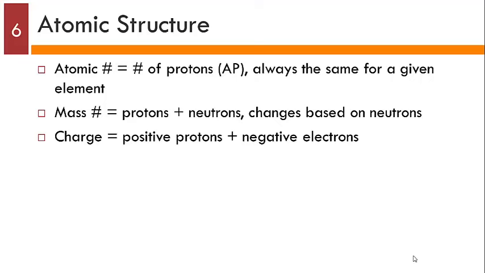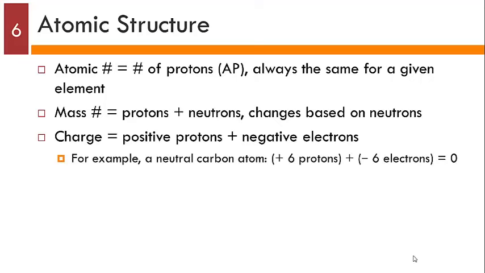In order to determine the charge, you need to look at the protons and the electrons. So add up the positive protons and the negative electrons, and what you get is going to be the charge. So for a neutral carbon atom, 6 protons, so that's plus 6, and if you add that to negative 6 electrons, you get a charge of 0 or neutral.